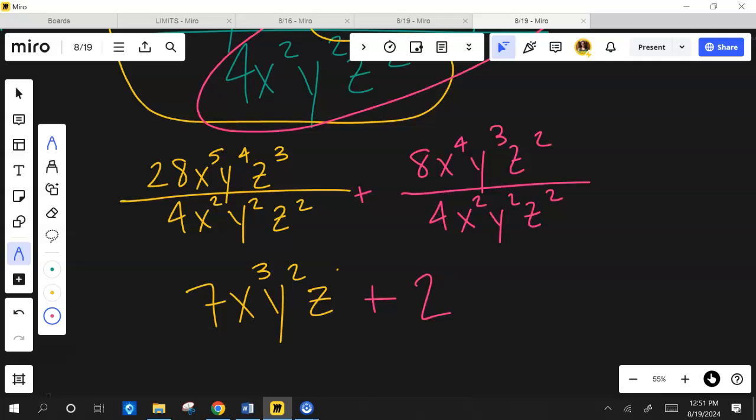What do you get? 2. How about the y's? How about the z's? Just the whole thing is 1, not the exponent. So it cancels out. I don't have to put it. If it cancels out, don't put it. And now you're done. All right, let me tell you what I got for you.